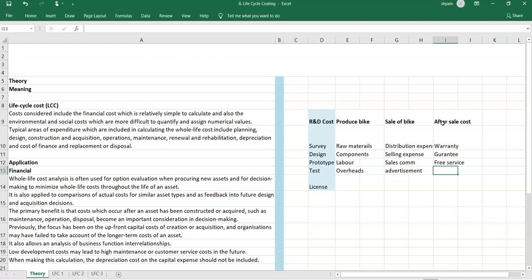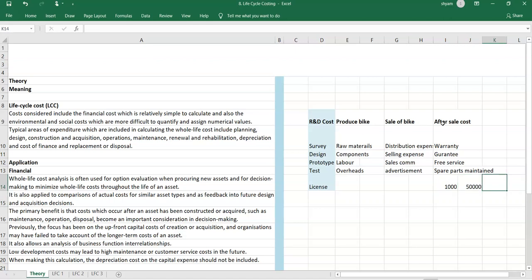Apart from that, we also have to maintain the spares. The spare parts have to be maintained. So that cost we have to consider. Assume that we have sold around 1,000 bikes, and each bike costs us 50,000.